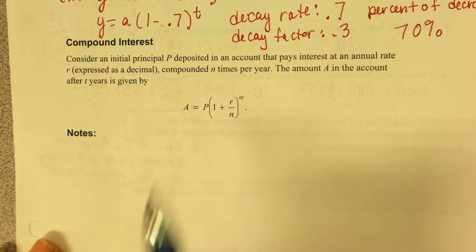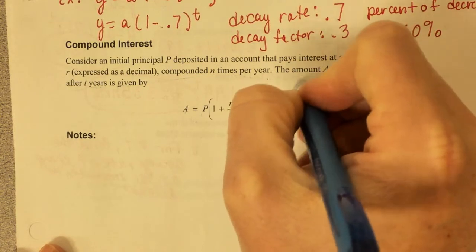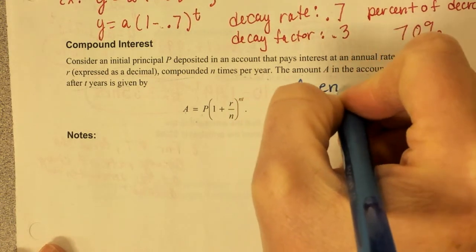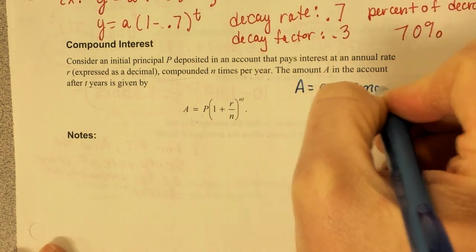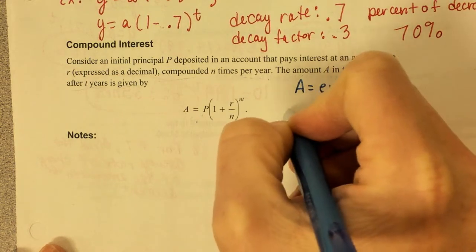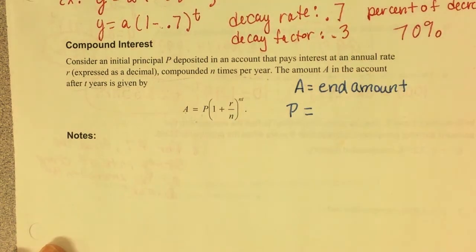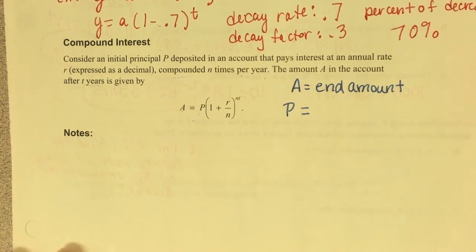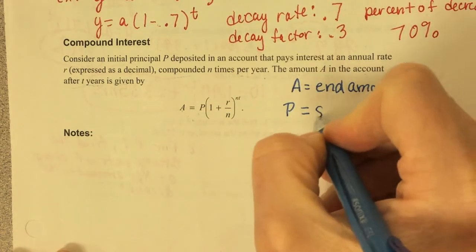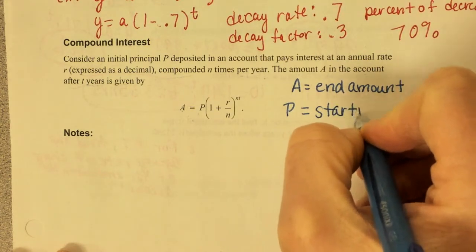So again, A right here, this A value, this is your end amount. The P, that's called the principal, but what does the principal also mean? Starting amount, yep, or initial amount.